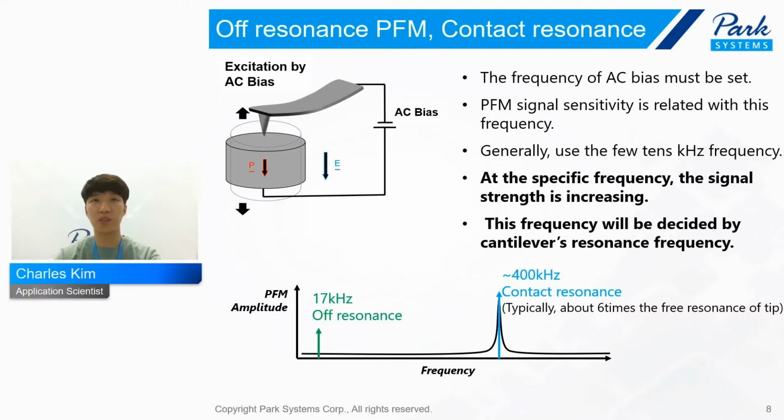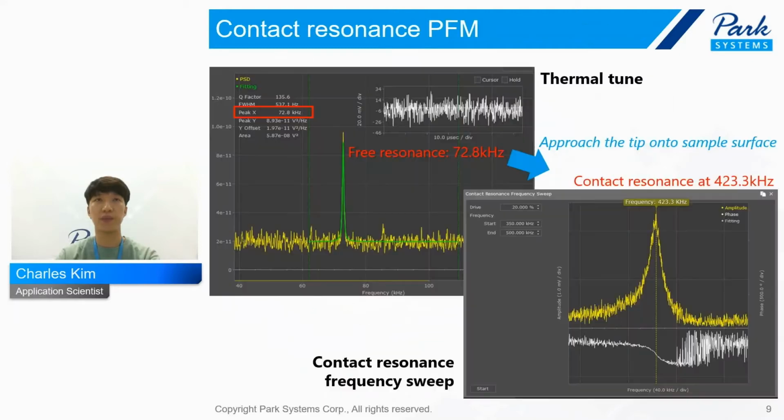Generally we use that frequency for the non-contact mode. And at 6 times higher than that frequency is the contact resonance. So what frequency we use decides the mode of the PFM. If we use 17 kHz, then that is the off resonance PFM. And if we use this contact resonance frequency, then that is the contact resonance PFM.